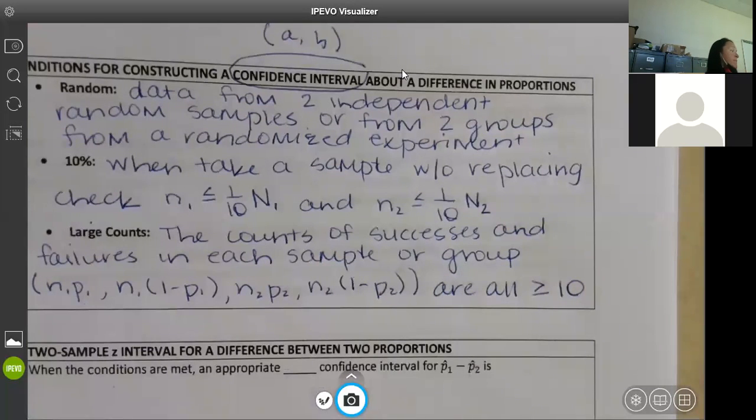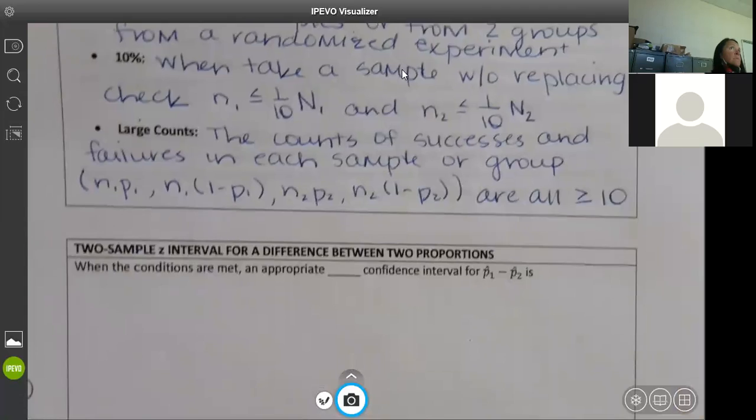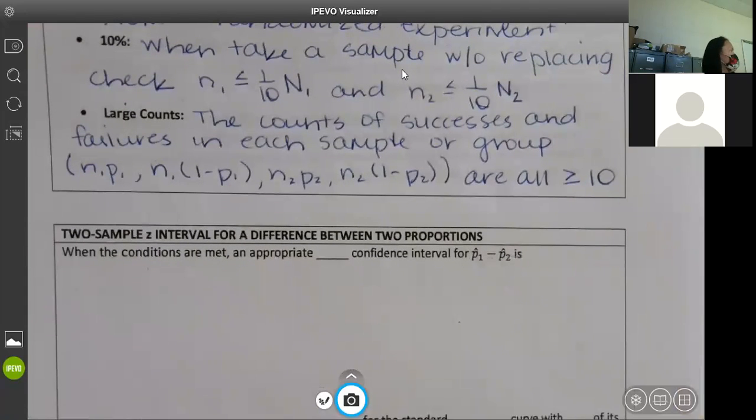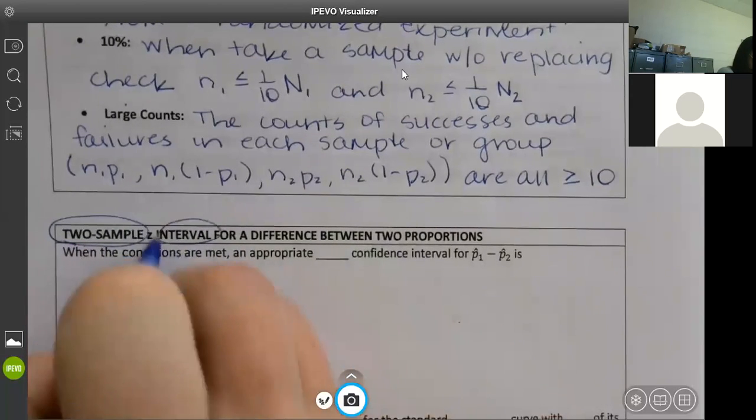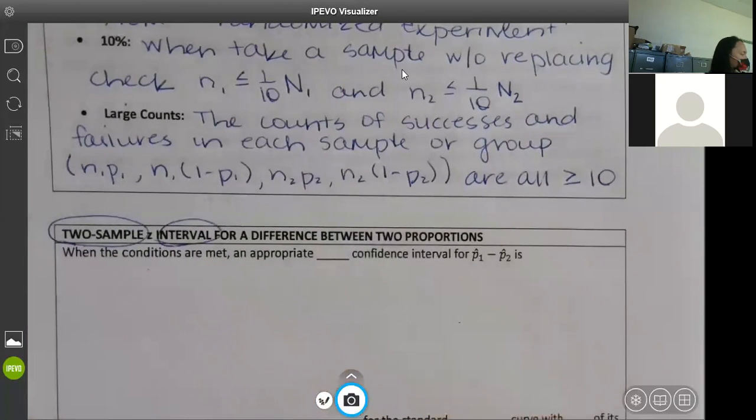All right, so the next one. Remember I told you we're just doing 2 sample this time instead of doing 1 sample. Everything is exactly the same, okay? It's all the same. So we're doing a 2 sample, that's the difference. And right here we're doing an interval.